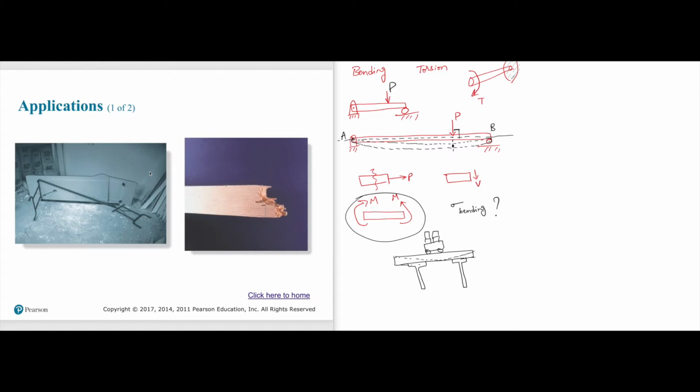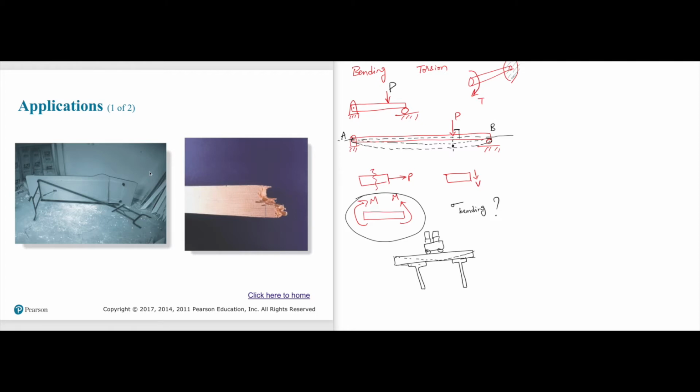So if we are designing, we are supposed to calculate what this load P should be so that the bridge can withstand the loading. What is the maximum amount of load we can apply on the bridge so that it would be safe? That is something that we can calculate.